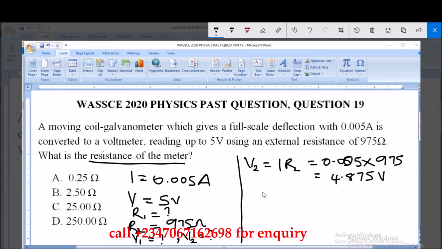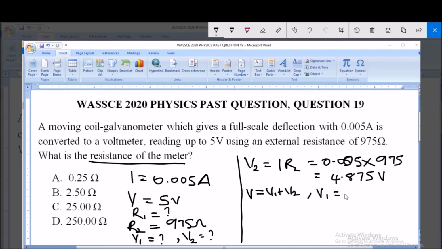So from this we can say V, which is the total voltage, is equal to V1 plus V2. Since we have V, which is 5 volts, and V2, which is 4.875 volts, we can find V1. V1 is equal to V minus V2, which is equal to 5 minus 4.875, and this is equal to 0.125 volts. So V1 is equal to 0.125 volts.